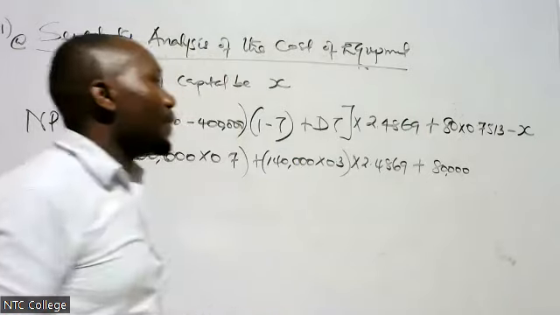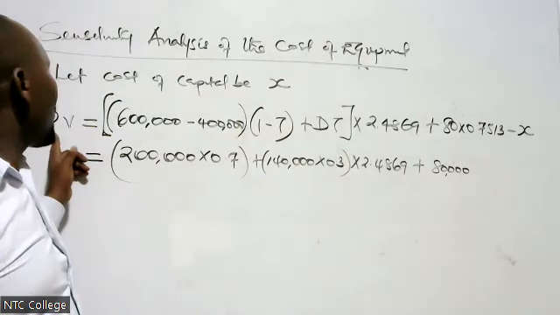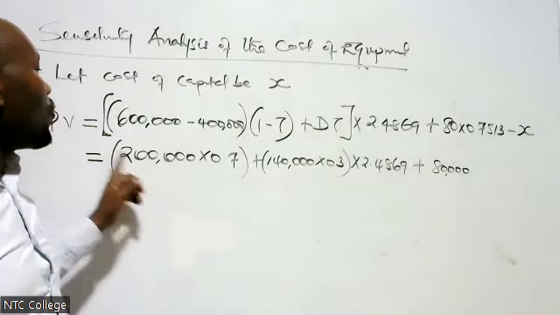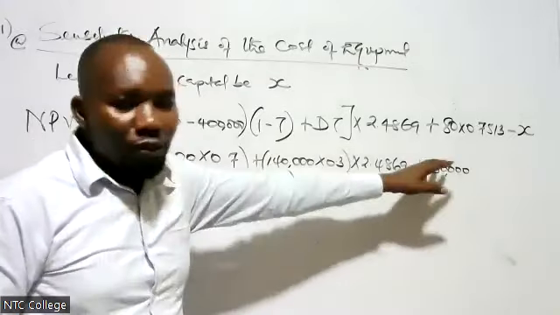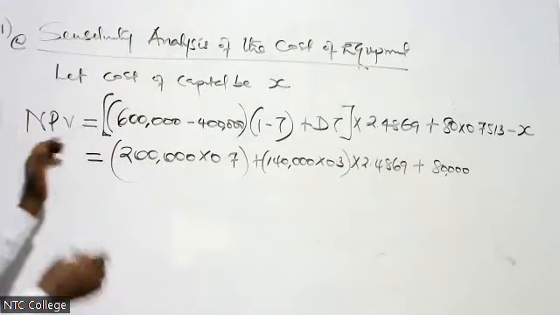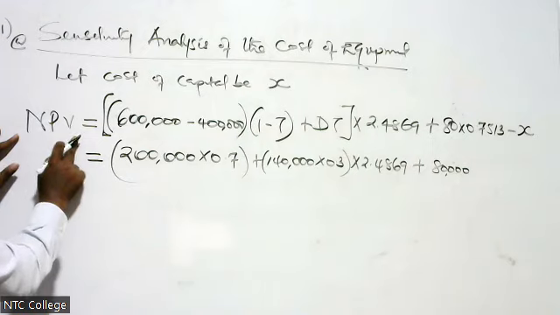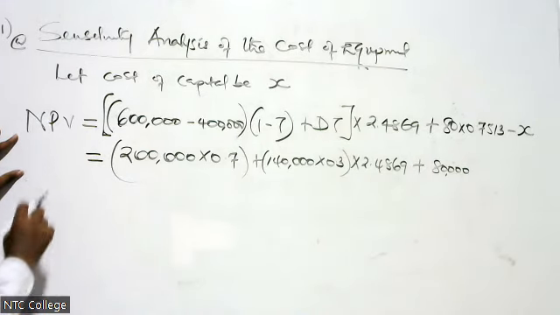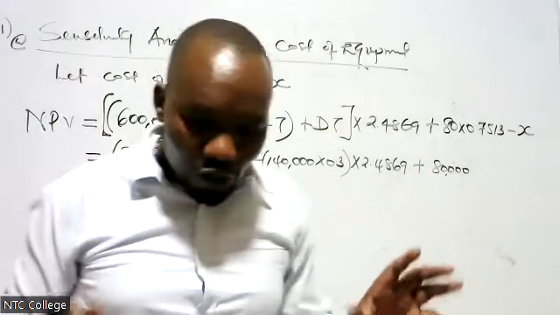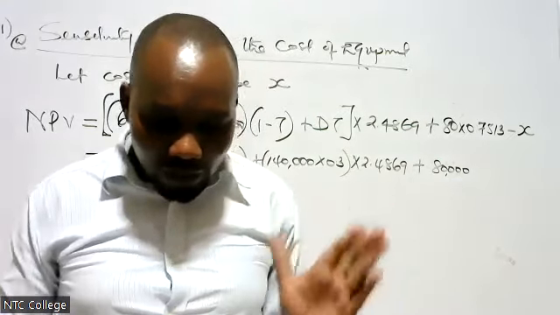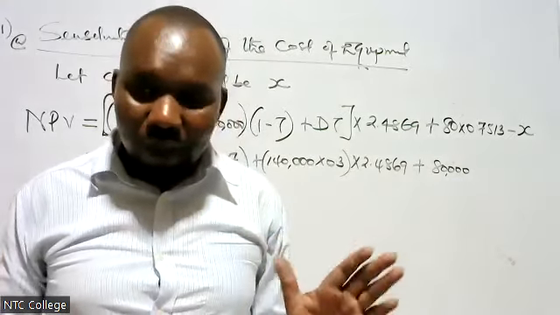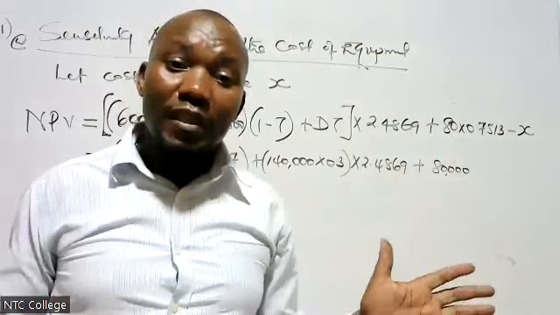So because we are saying that NPV is equal to 0, then now you equate whatever you are having to 0, because NPV is 0. So hapa itakuwa 0. In sensitivity analysis, look at the statement. We are not told the percentage change. We are told that carry out sensitivity analysis of the cost of equipment. They are silent about the percentage change.